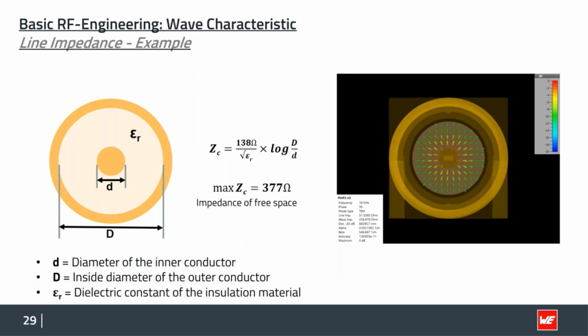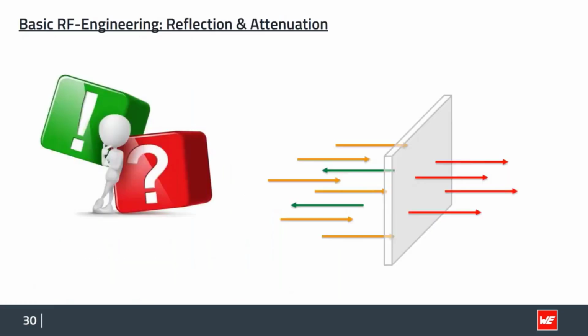So we have here the material parameter inside, multiplied by the logarithm of capital D divided by small d, where capital D is the inner diameter of the outer housing, so the outer limit of the dielectric material, and the small d is the outer diameter of the inner pin. So this defines the thickness of the dielectric material. So this is why the geometry also has to be taken into consideration with our transmission line.